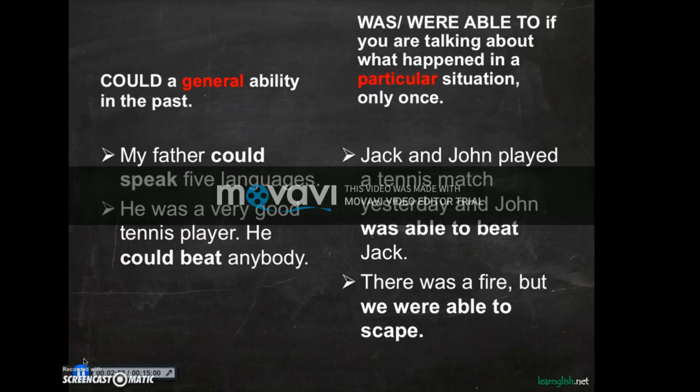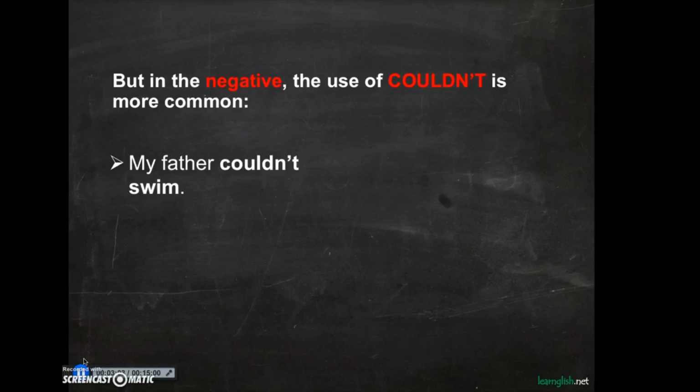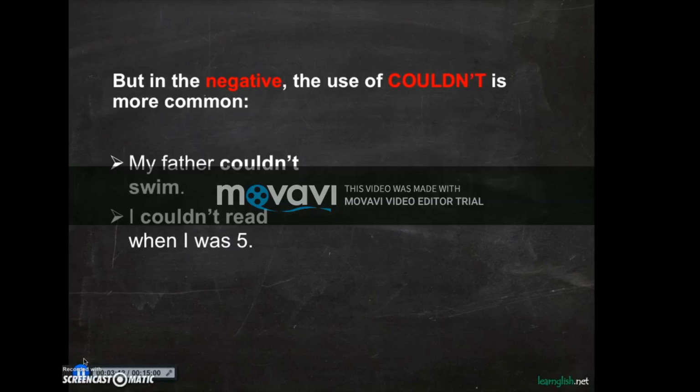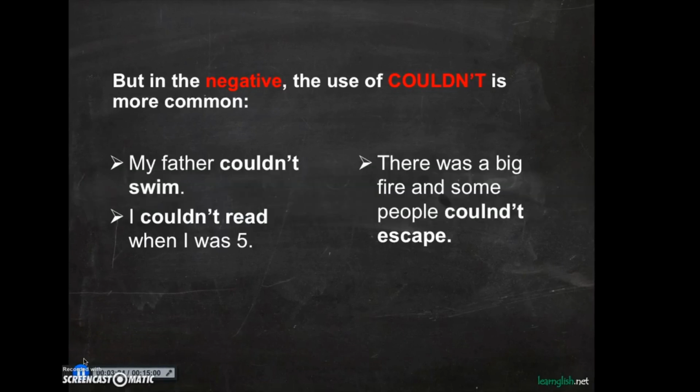In the case of a negative, we prefer couldn't and not wasn't able to or weren't able to. So in both situations, in past abilities, for example, my father couldn't swim, we can use couldn't, or I couldn't read when I was 5, again a past ability, but also if you say some people couldn't escape from the fire, we prefer to use couldn't and not was able to because it's the negative, okay?